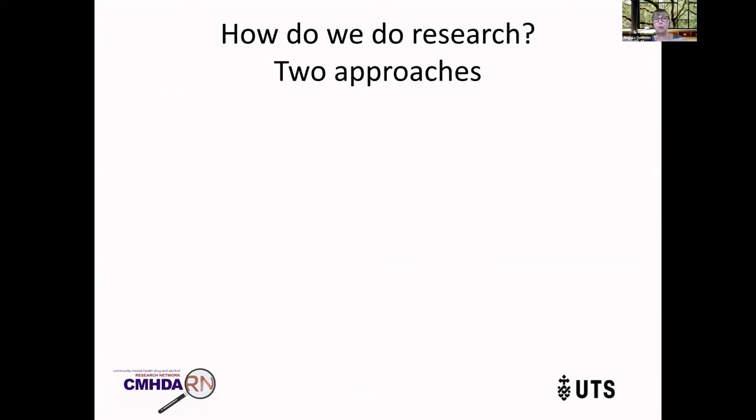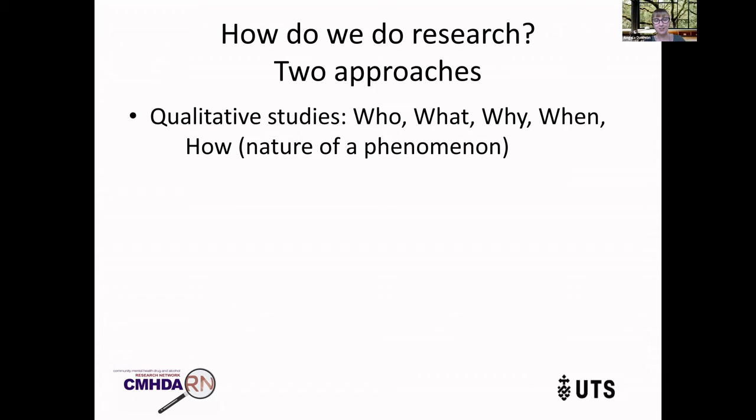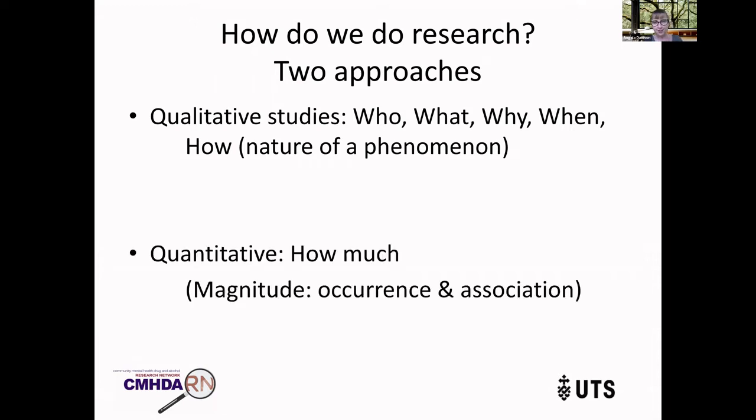Now, there are two approaches to doing research, and you know these well. You've heard of qualitative studies, and they ask the who, what, where, when, how questions. So they're interested in learning about the nature of a phenomenon. Whereas the quantitative side of the coin is interested in how much.